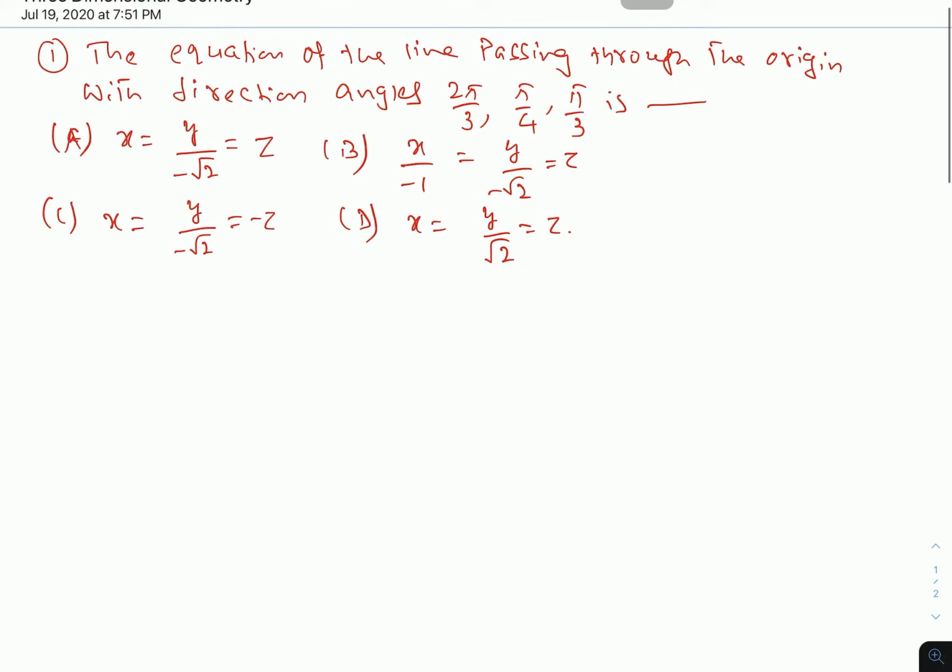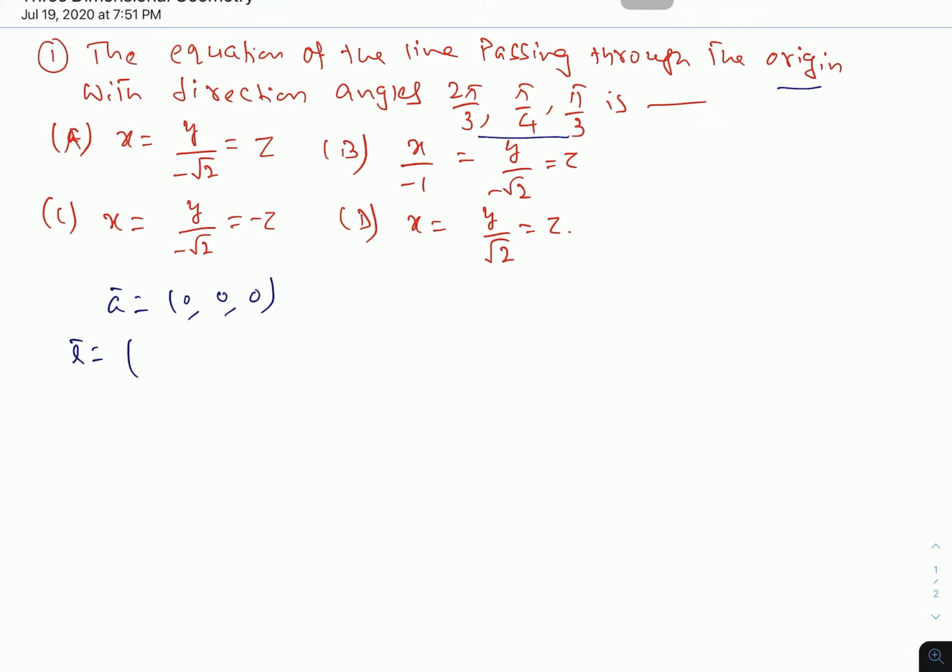Now the equation of the line passing through the origin. We know the equation of a line passing through the origin, so that is a bar, that is 0 0 0, with direction angles this one. So what is L bar?